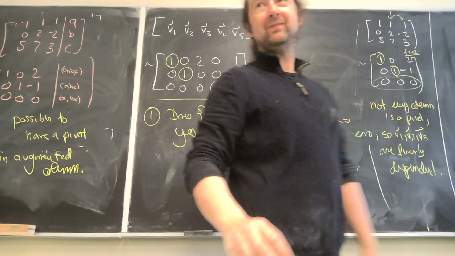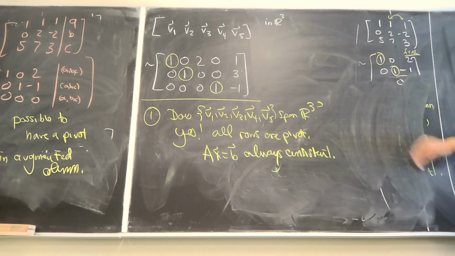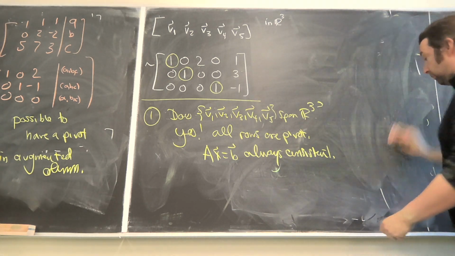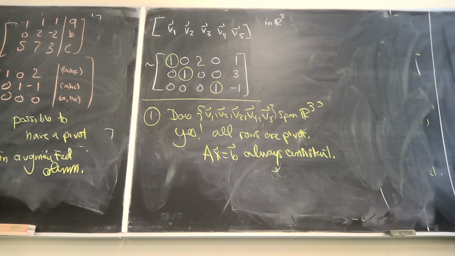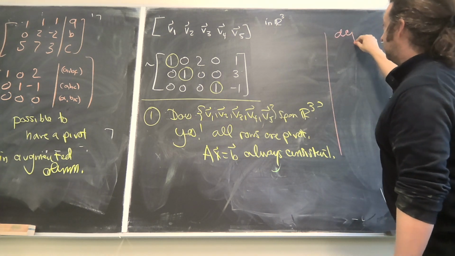Last time I kind of got caught up on which. Independent means no vector can be written as a combination of any of the others. Okay, then I'll say it's dependent. So the claim is it's dependent. Do you have a reason why?